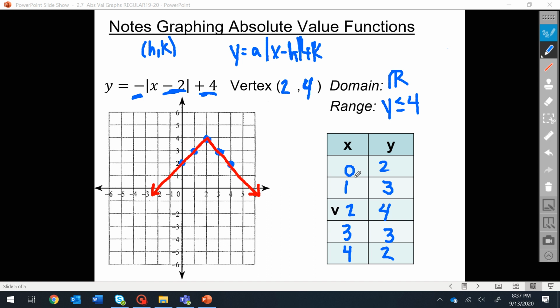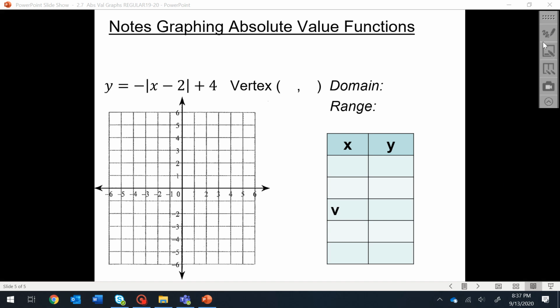So even though we have the table here, we could have known how this looked based on the transformations. Moved over by 2, and moved up by 4 from here to here, from our parent function to our new function. And this negative sign turned it upside down, because remember, if the a is negative, it flips upside down. And that is it.